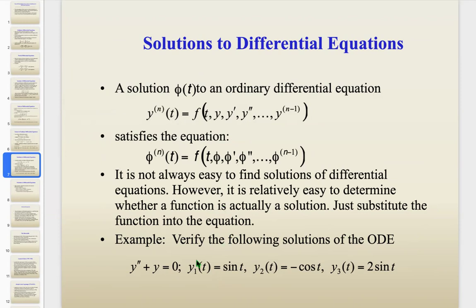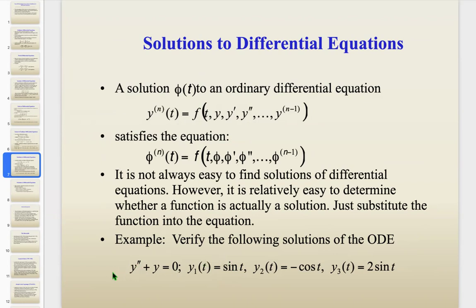The one thing you should do is maybe pause this and check for yourself that if you look at the ODE y double prime plus y equals 0, these three functions all satisfy that same ODE. Let's talk through the first one. Suppose y1 of t is sine t. What's the derivative of sine? It's cosine. The second derivative of sine is minus sine.